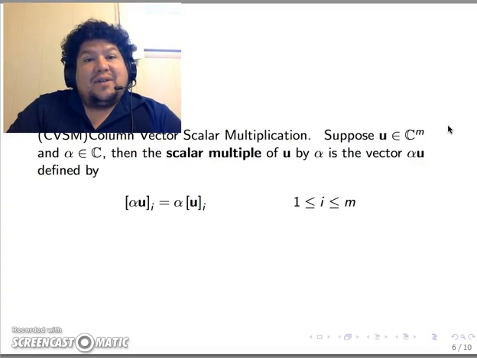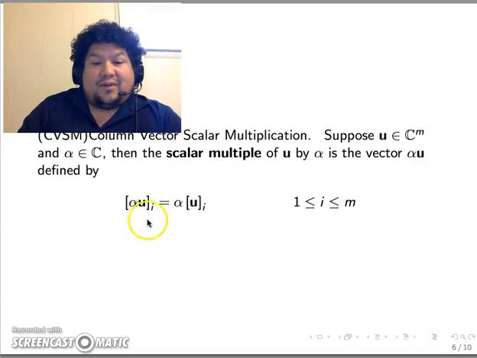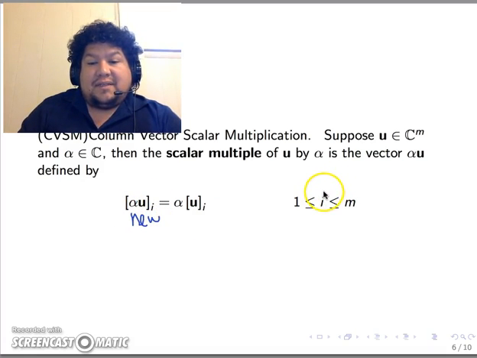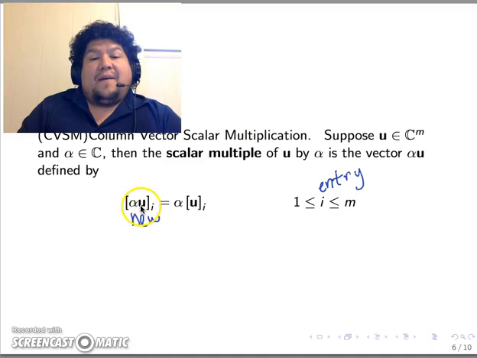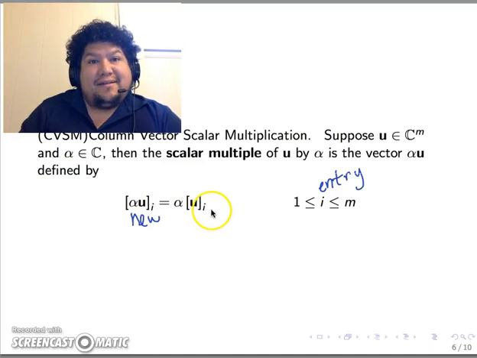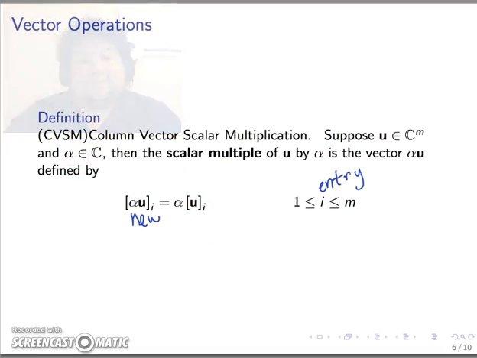And the entries of this new vector alpha u, this is entry i, or the index for the location, are defined at a scalar level as the multiplication of alpha times the ith entry of the vector, right?